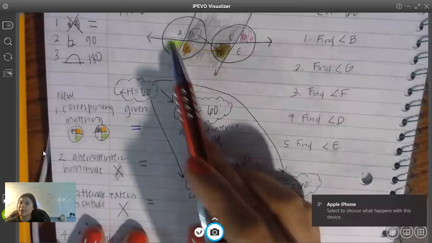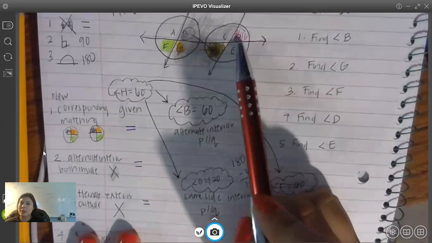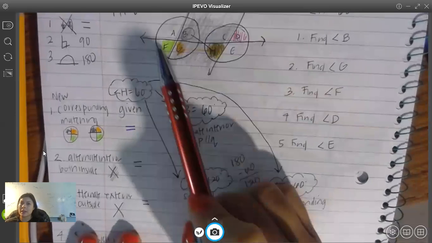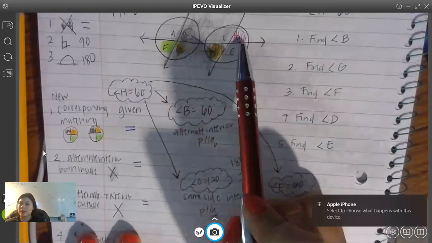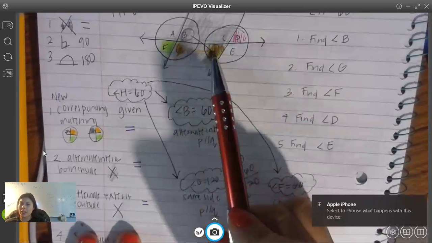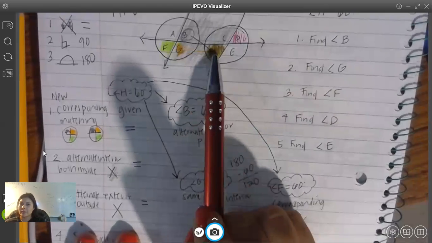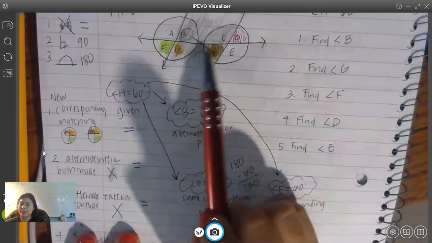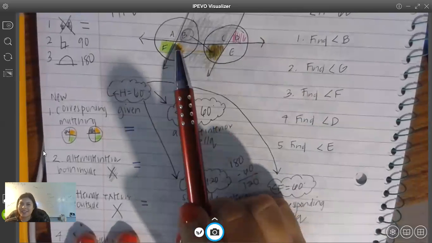They have to be in different groups. So which one's corresponding to D? And it's going to be in this group. Exactly. And which one's corresponding to H, Ivan? In this group. No, not G. Yeah, F.